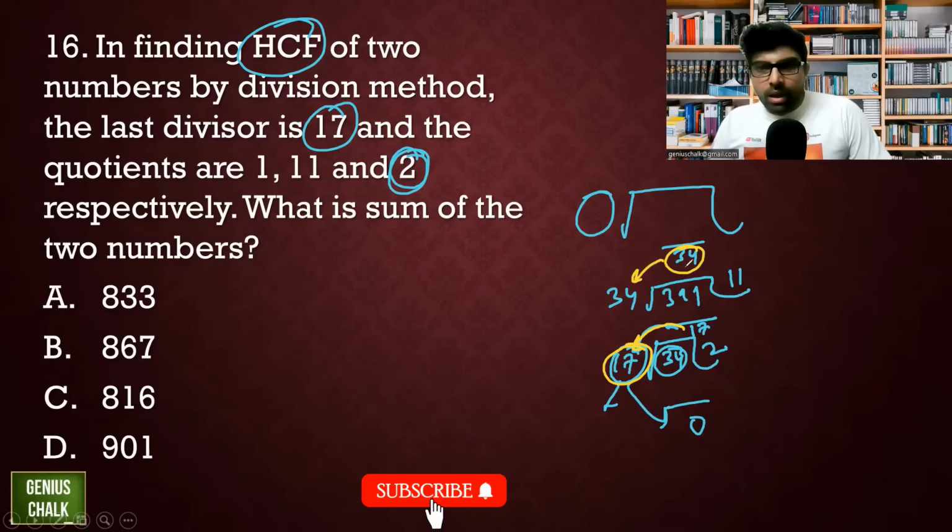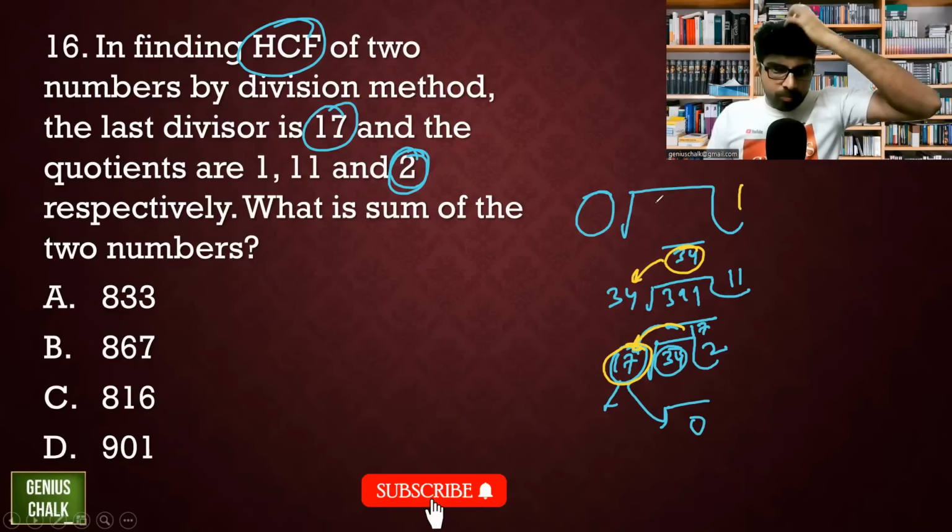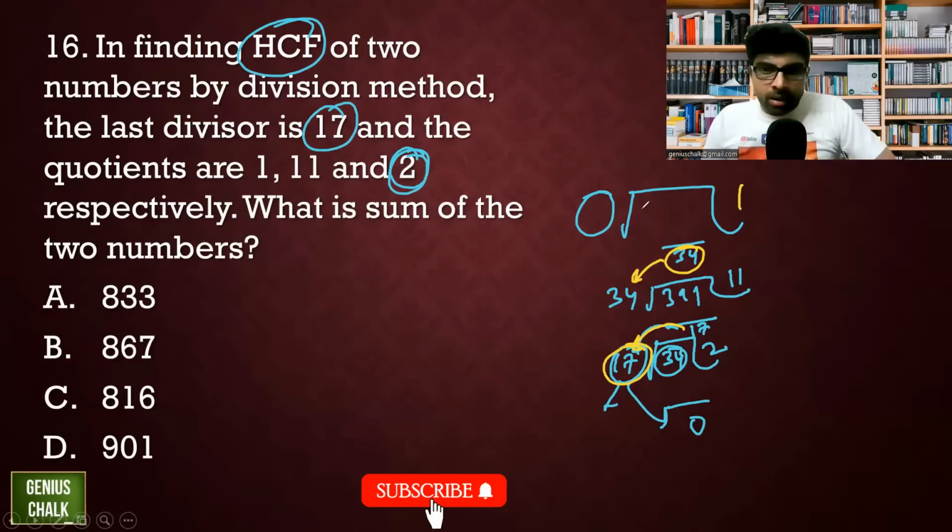So this is 34, and the quotient is 1. So 391 is there, and 34 into 11 plus 17 is 391.